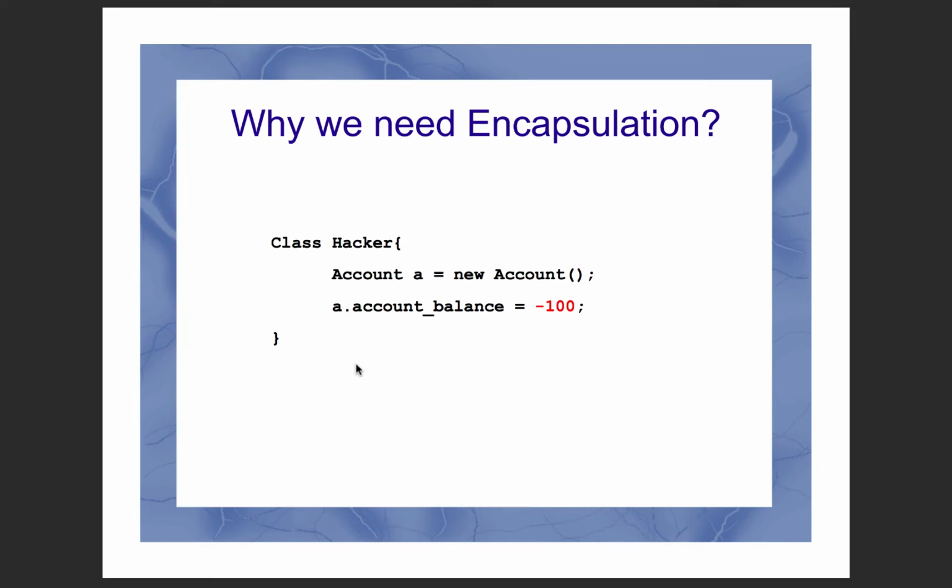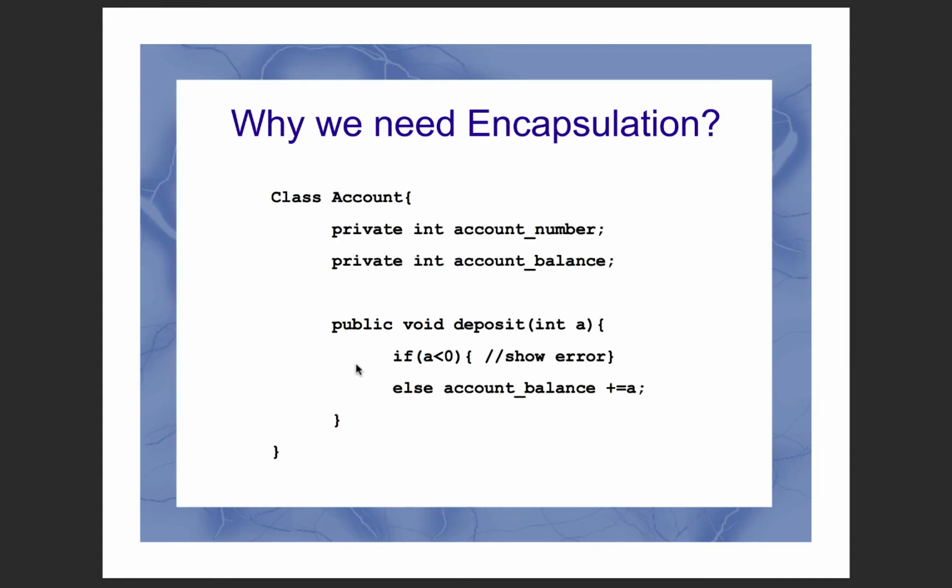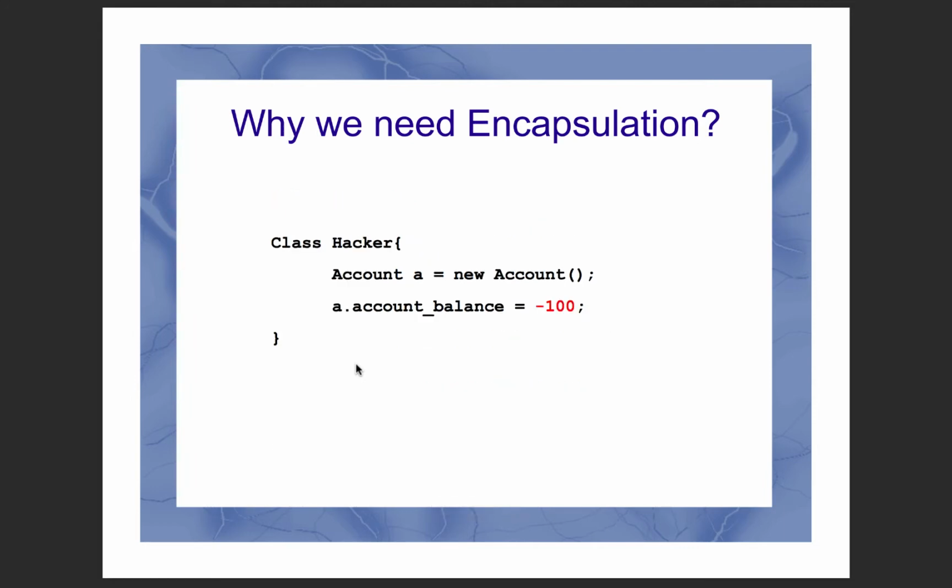So if we have access to the private information, then a hacker can change the account balance directly. That's why we don't want to allow anybody to access our confidential information directly.